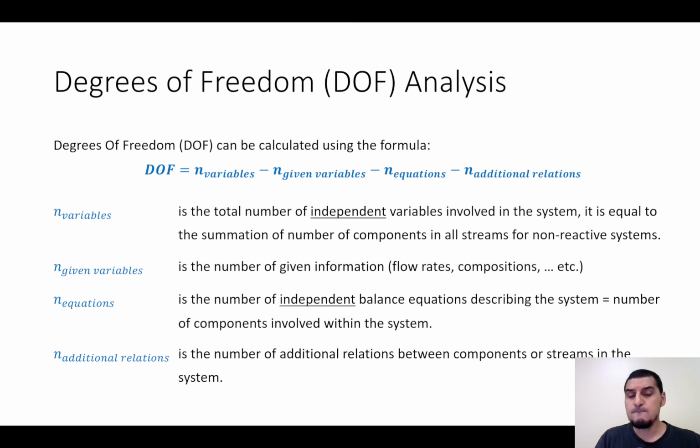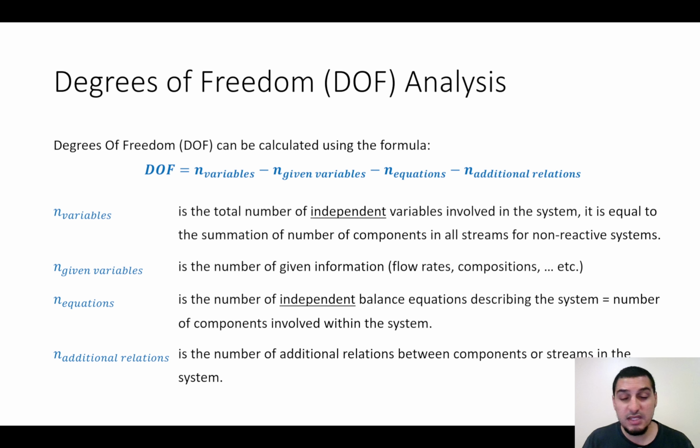Before we proceed, I just want to talk a little bit about the philosophy of the degrees of freedom, which is a very important thing, and I believe this is a very helpful point to understand, because it will make it more logical, and it will make much more sense when you understand this, and you'll understand why the equation is put in this way. Why are we subtracting these three terms from this term?